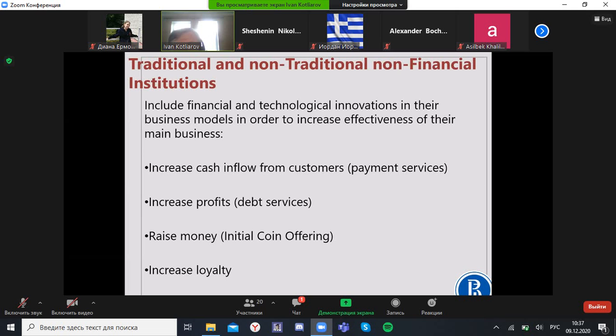Obviously, it pays no interest to its customers, but if you pay in advance, you get some cash back, but not real cash back. You get some points with a loyalty program, and if you get a sufficient number of such points, of stars, as Starbucks calls them, you can get a free cup of coffee. So it supports loyalty, obviously.